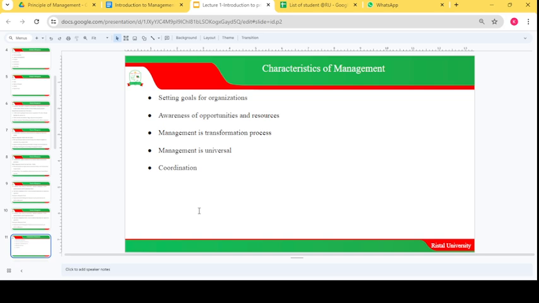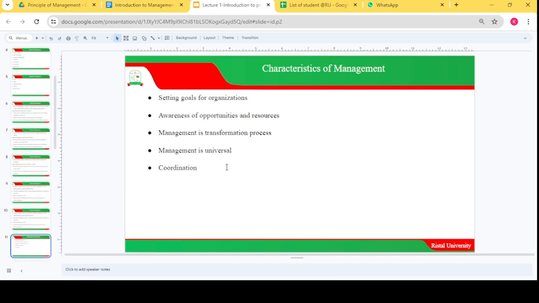So we have awareness of opportunities and resources. Management has awareness of opportunities and resources like men, materials, and money, which are assembled and integrated by management. Management is also a transformation process consisting of planning, organizing, staffing, directing, and controlling.